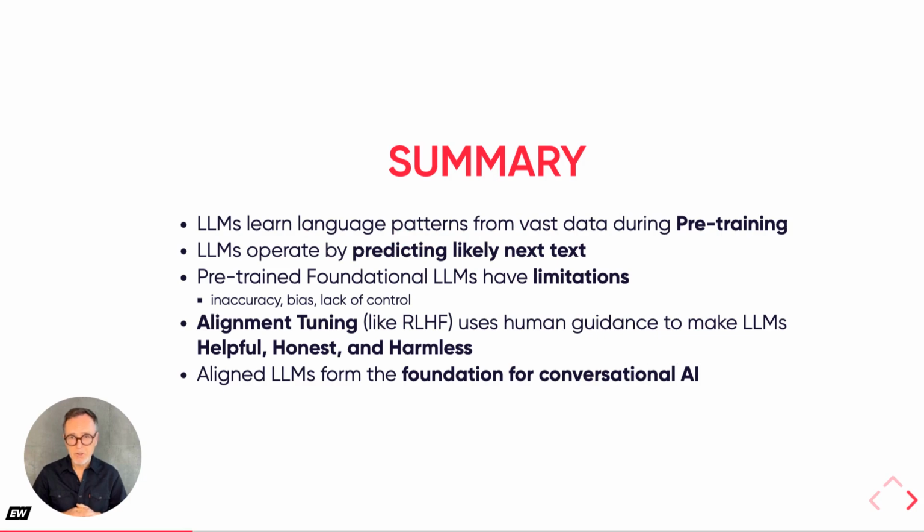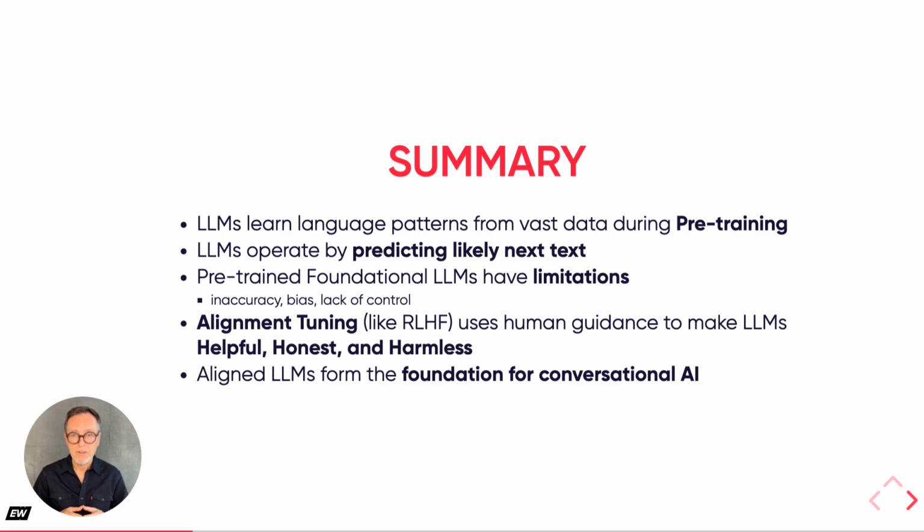To summarize this module on LLM fundamentals, we've seen that LLMs learn language patterns from vast amounts of data during their initial pre-training. Their core function is to operate by predicting the likely next sequence of text. However, these pre-trained foundational LLMs have inherent limitations, such as potential inaccuracy, bias, and a lack of nuanced control.